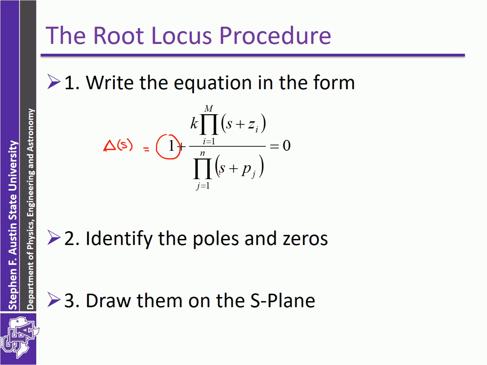Then the next thing we do is identify the poles and the zeros. We identify the poles, the values of this polynomial, and the zeros, the values of this polynomial. Once we identify them, we draw them on the s-plane. We create an X for a pole and a 0 for a zero.